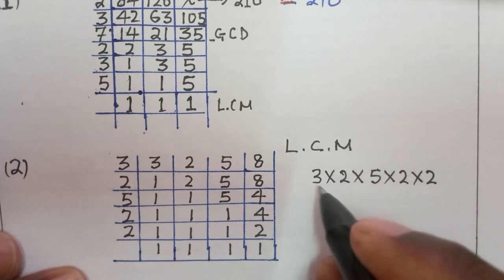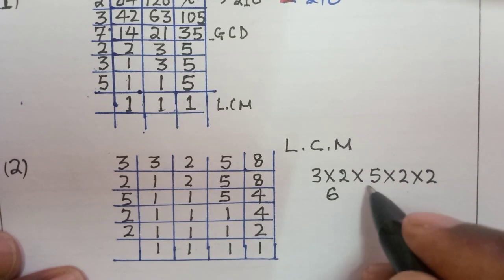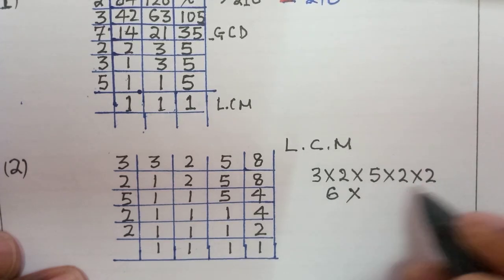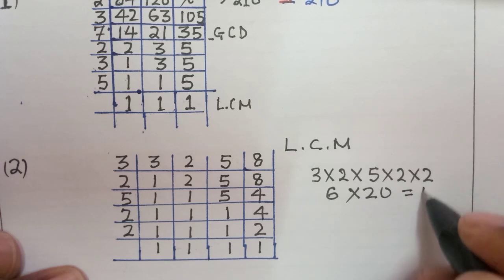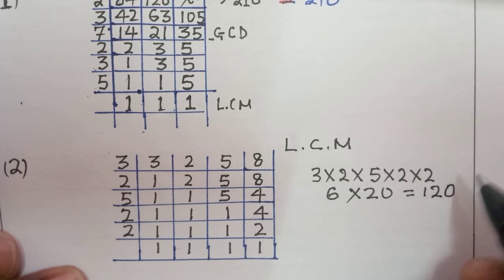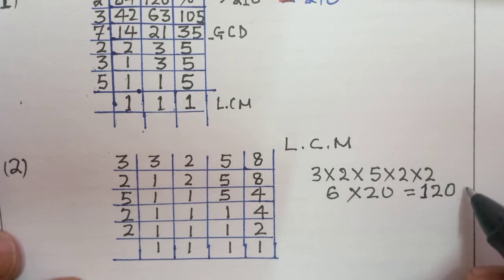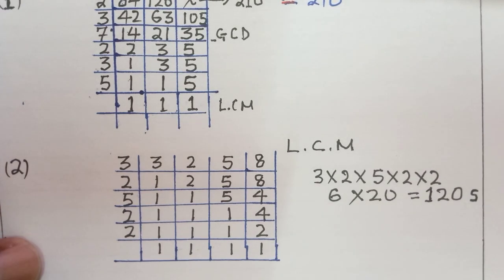So that is going to be 6 times 20. That is 10 times 2, 20. So our LCM is going to be 120. So guys, after every 120 seconds, that is when these stars twinkle together.